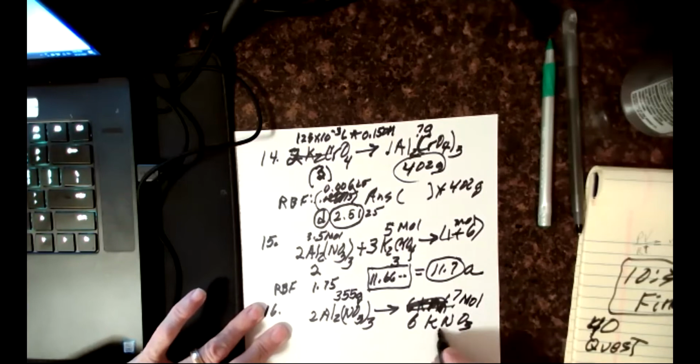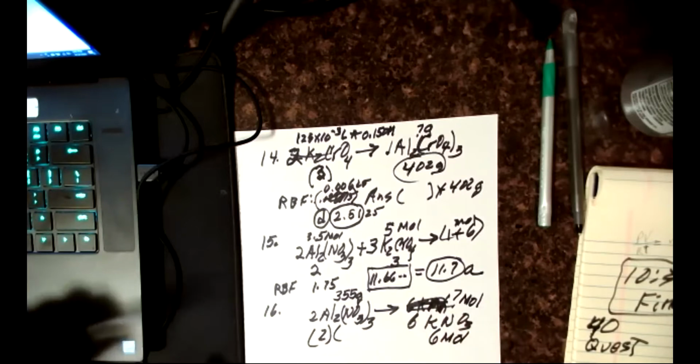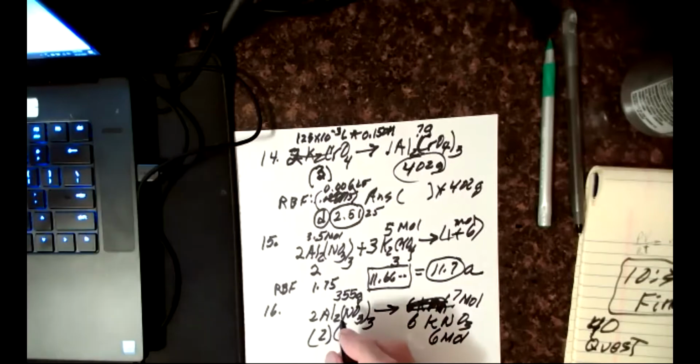The equation shows 6 moles. The equation is showing 2 times the formula weight of aluminum nitrate, which is 213.